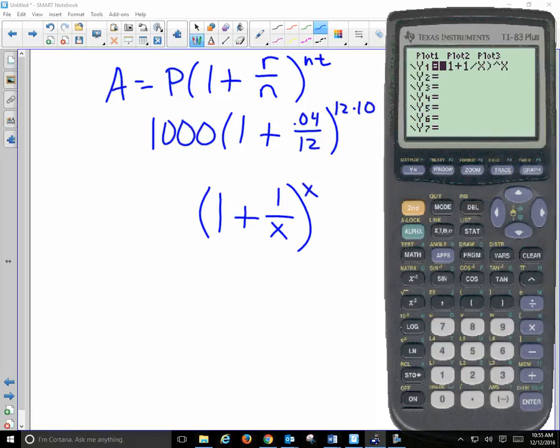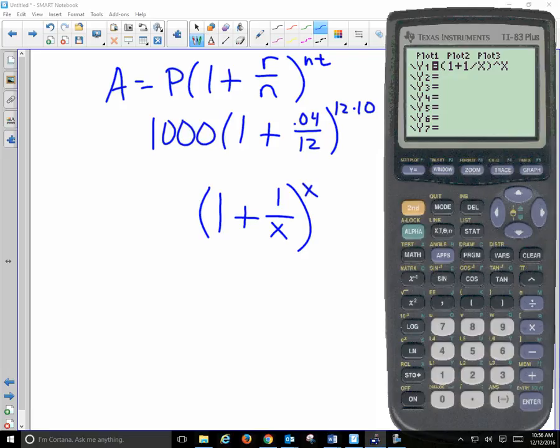So I've got 1 plus 1 over x raised to the x power. This gets kind of cool here. What that's just talking about is some type of rate, okay? And it's going to compound a certain number of times throughout the year.